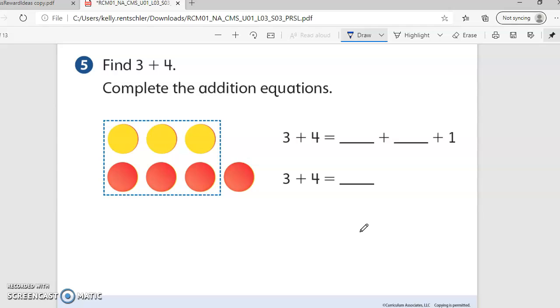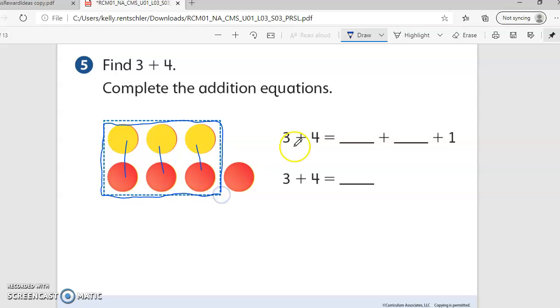Okay, so to complete this, first we're using our counters to help us show the problem. Our first number is 3, and there's 3 yellow counters. Our second number is 4, so there are 4 red counters. I see that these yellow and red have matching counters. They line up with each other and they have a partner. So I'm going to draw a box around these counters.